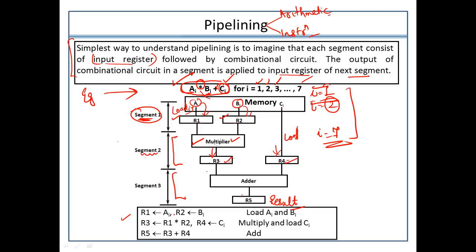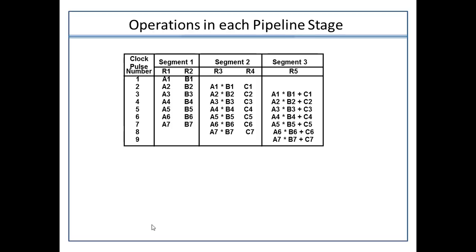In the first segment, we have simply loaded the data. In the second segment, we performed the multiplication as well as loaded the data in the new register. And in the end, we simply performed the addition and the result is stored in the R5 register. So this is another way of representing the same thing which I was demonstrating.